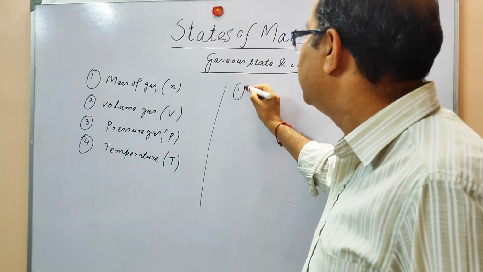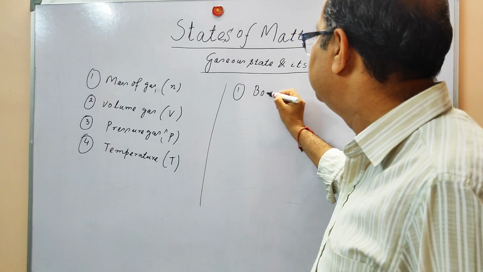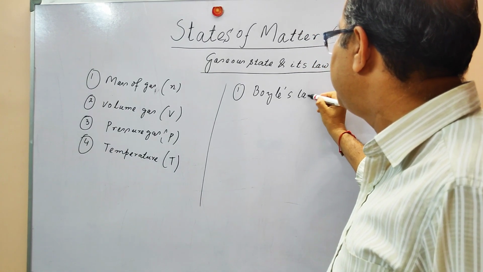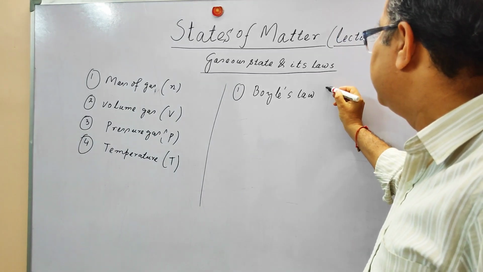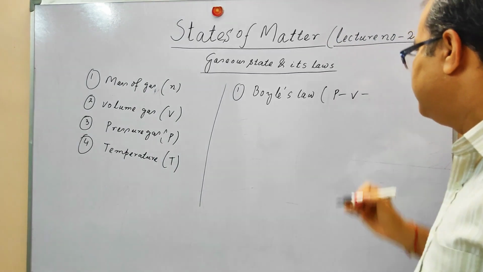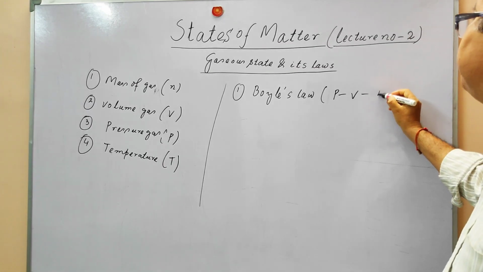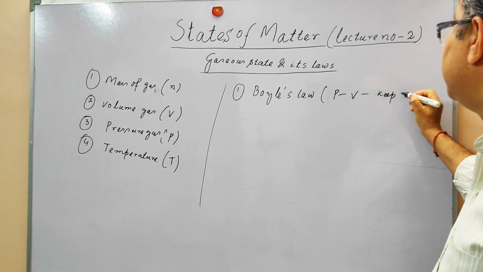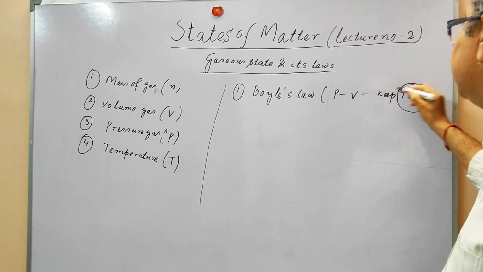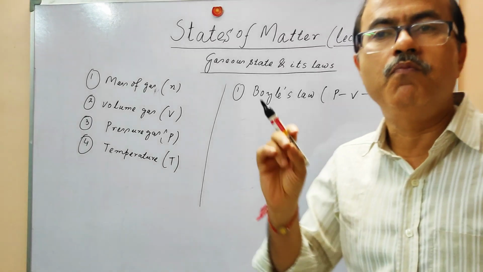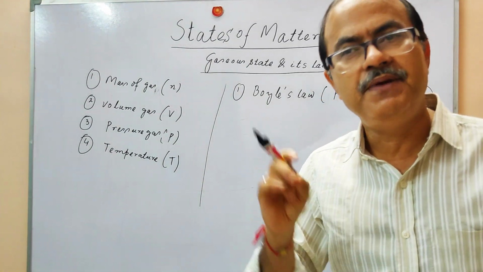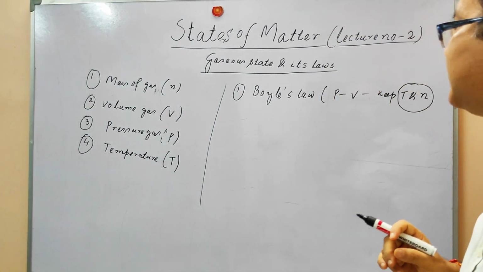First we will discuss Boyle's law. Boyle's law tells about the pressure-volume relationship when we keep T and n constant. T and n mean temperature and number of moles, that is, a fixed amount of the material. So what does Boyle say?